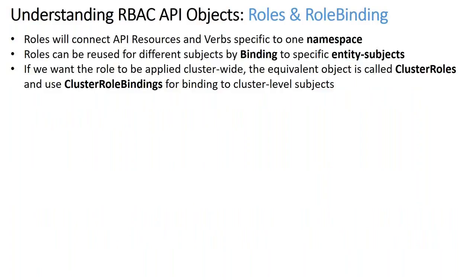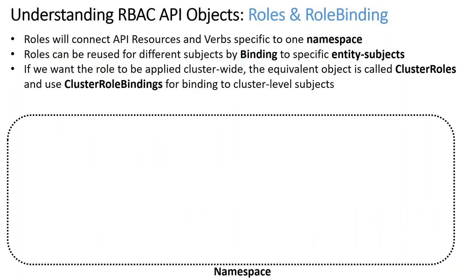When we work with this RBAC method, the first thing we need to know is that the role you define will be specific to a namespace only. However, we can also specify whether you want to give a role only to the objects under a namespace, or apply it to all the namespaces under your cluster.